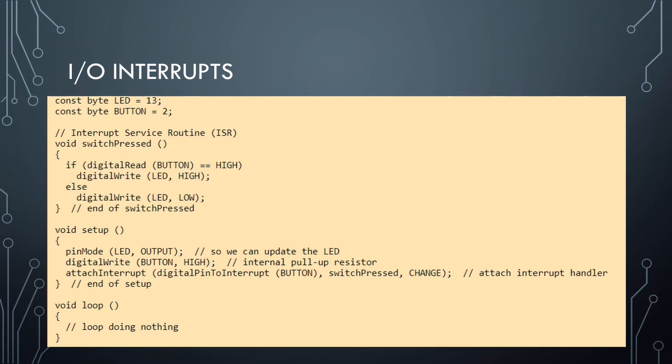You wouldn't want to put your interrupt service routine into the void loop because then you would have to wait for your program to get there to detect if that button's being pushed or not. You wouldn't want to put it in the setup because then it would only look for it one time and never again. So by declaring this at the beginning of our code, that's essentially meaning we're constantly looking to see if that button's being pressed and to see if we need to execute based on that condition.